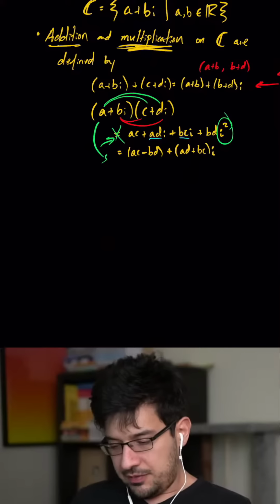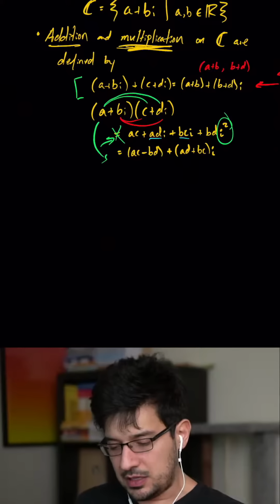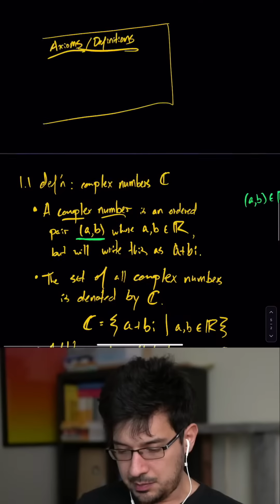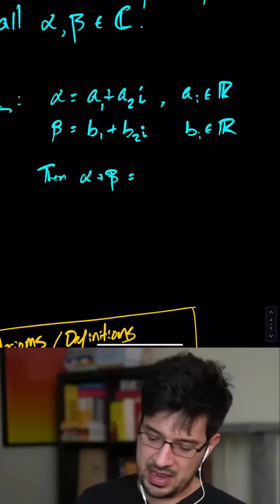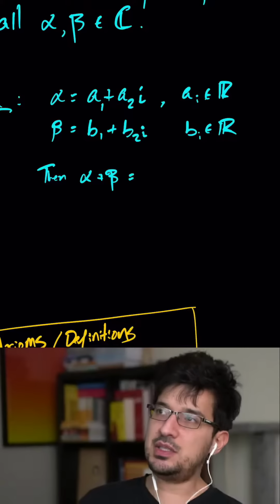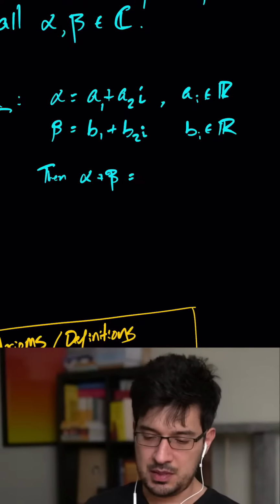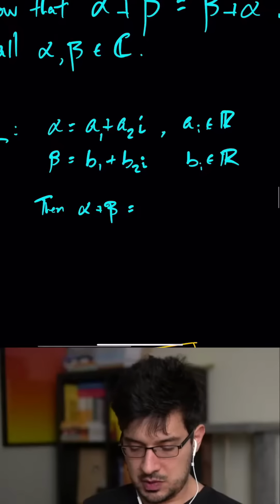So here's the definition of multiplication and the definition of addition. And we can use these in our proof. So in our proof that we're working on, I used A1, A2, B1, B2. Axler used A, B, C, D. But whatever you want to use, you can use. That's okay.